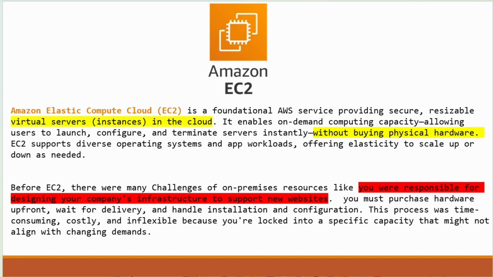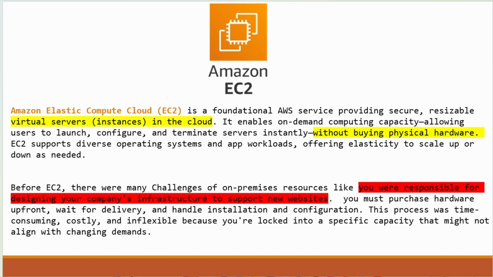Before EC2, there were many challenges of on-premises resources. You were responsible for designing your company's infrastructure to support new websites. You must purchase hardware upfront, wait for delivery, and handle installation and configuration.